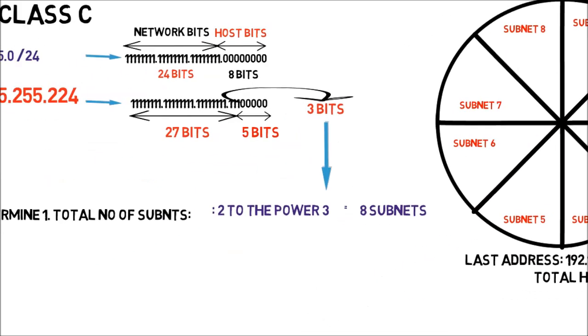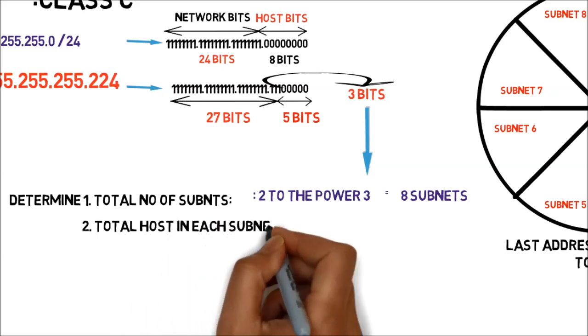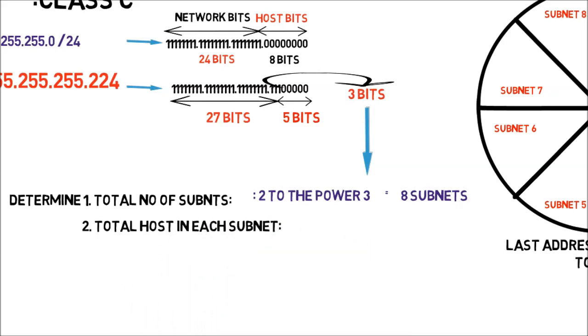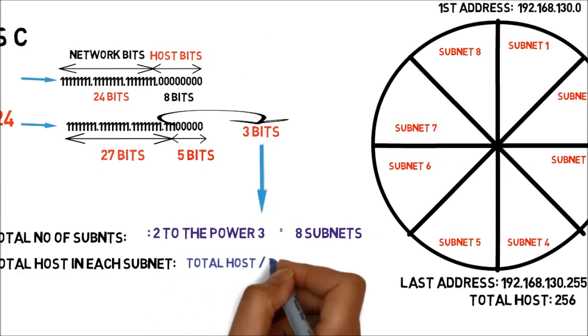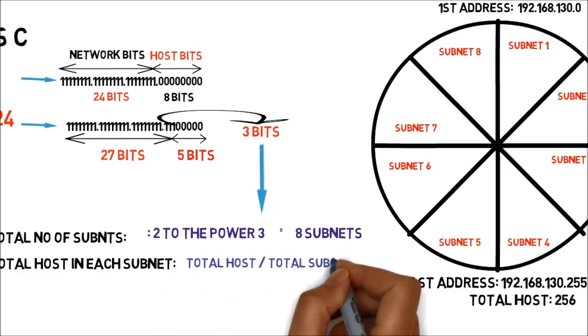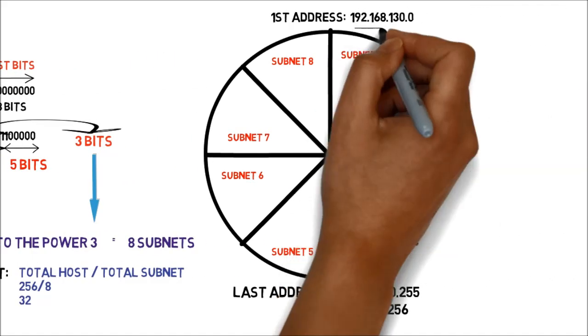The next question is the total number of addresses in each subnet, that is the total hosts divided by total subnets. Total hosts is 256 divided by 8, that is 32. In each subnet there will be a total of 32 hosts.